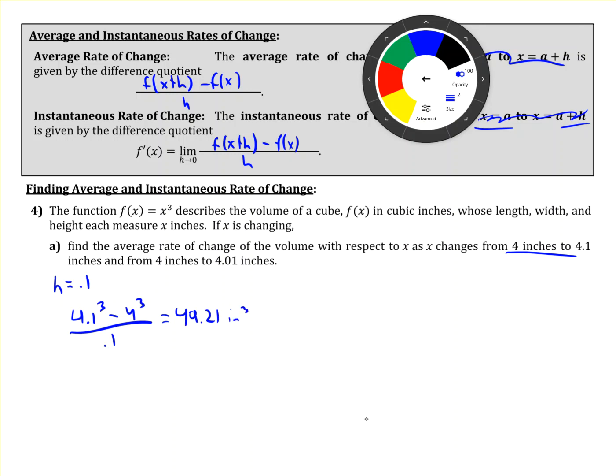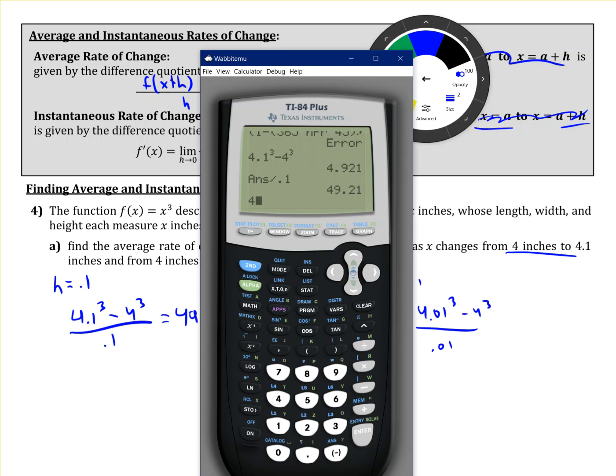Now if I do 4 to 4.01, h is now going to equal 0.01, and I'm going to have 4.01 cubed minus 4 cubed over 0.01. So if we do that, 4.01 cubed minus 4 cubed, and then we're going to multiply by 100.